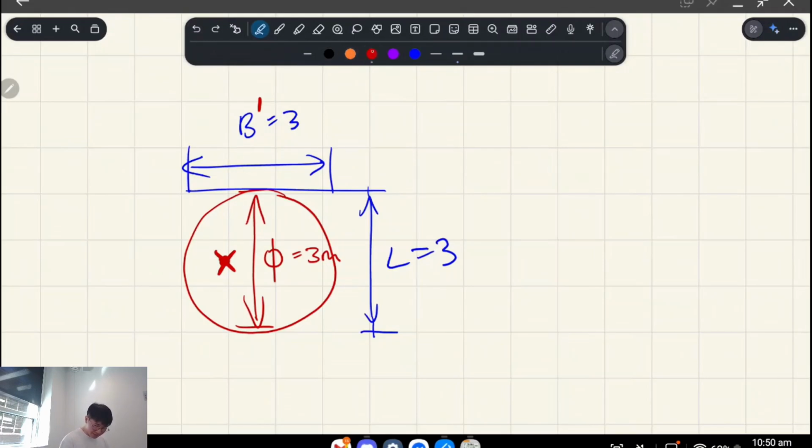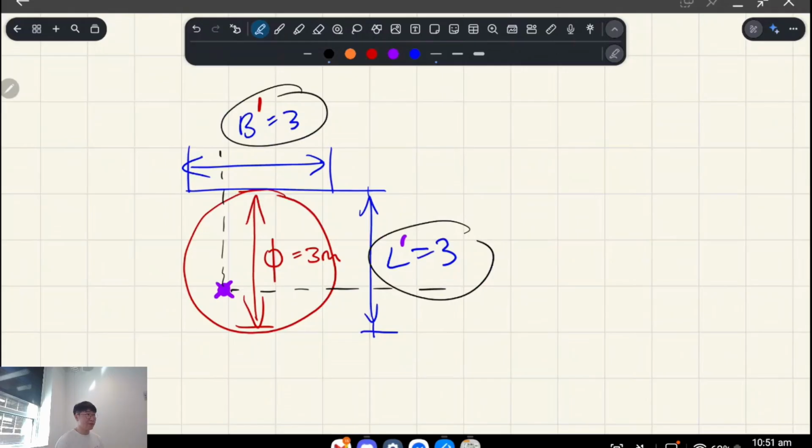But if we also have an eccentricity the other way, say it's there as well, you have to account for eccentricities in the B direction as well as the L direction.